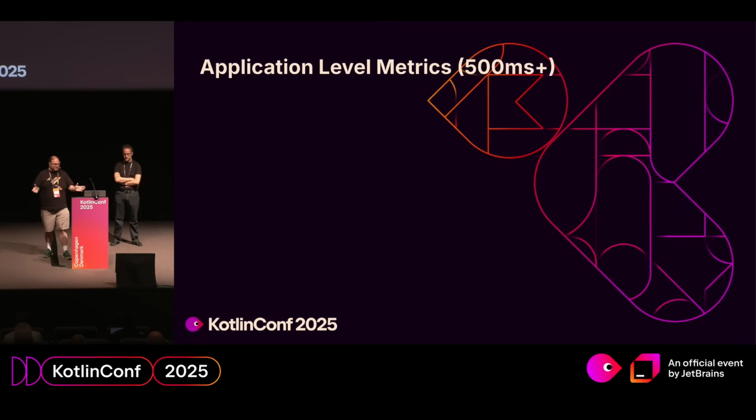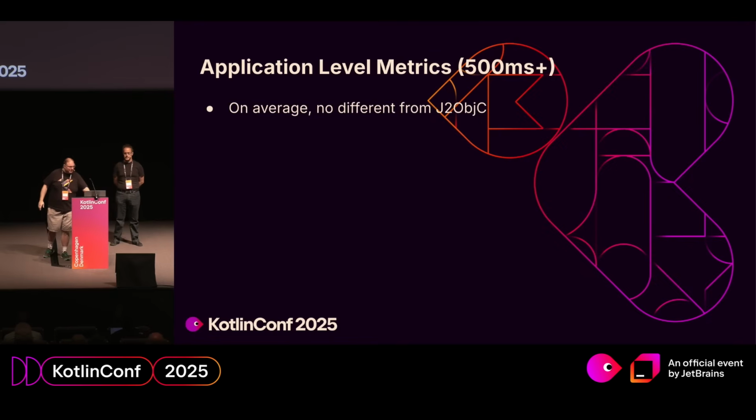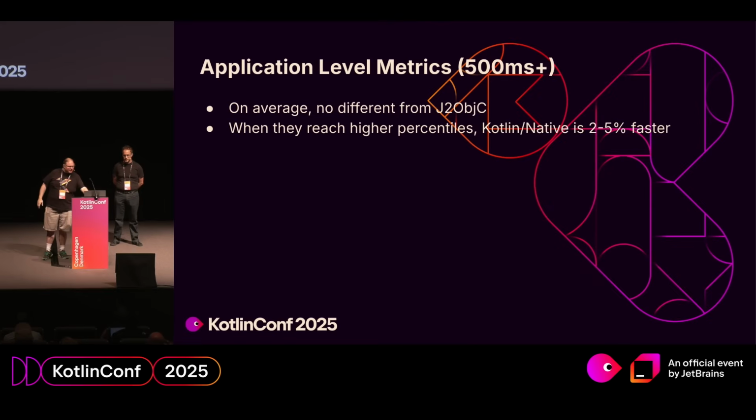Okay, application metrics, the 500 millisecond metrics, were metrics that you were measuring at 500 milliseconds plus. So these, on average, had no difference in performance versus J2ObjC. They were right on average the same amount of runtime, or approximately the same, with the kind of noise you would expect from large data sets.